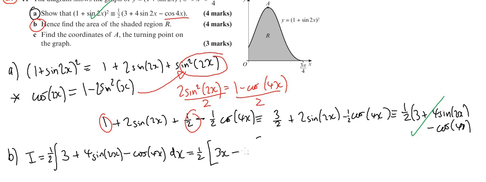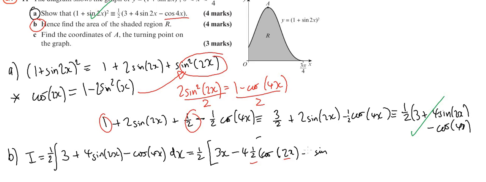So I get minus 4 divided by 2 cos of 2x. Basically, when we have ax, we divide by a. Okay, and now I've got minus cos x, so I'm going to integrate that, which means I get minus sine.